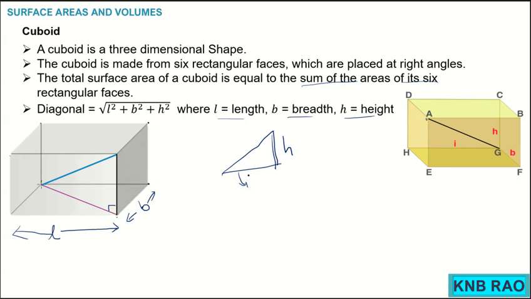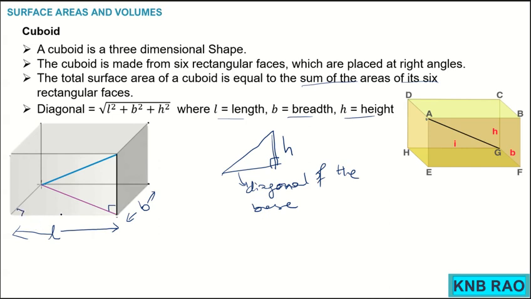So, the diagonal of the base. How to find the diagonal of the base? It is again Pythagoras theorem. The diagonal of the base with length and breadth forms a right angled triangle.